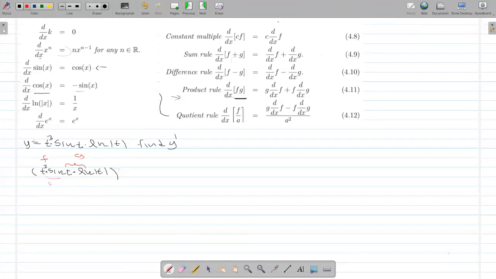Okay. So this time I choose to go this way. Okay. So if I apply the formula, here I have f times g, no? Okay. Here this is f dash, derivative of the first function, and here derivative of the second function.